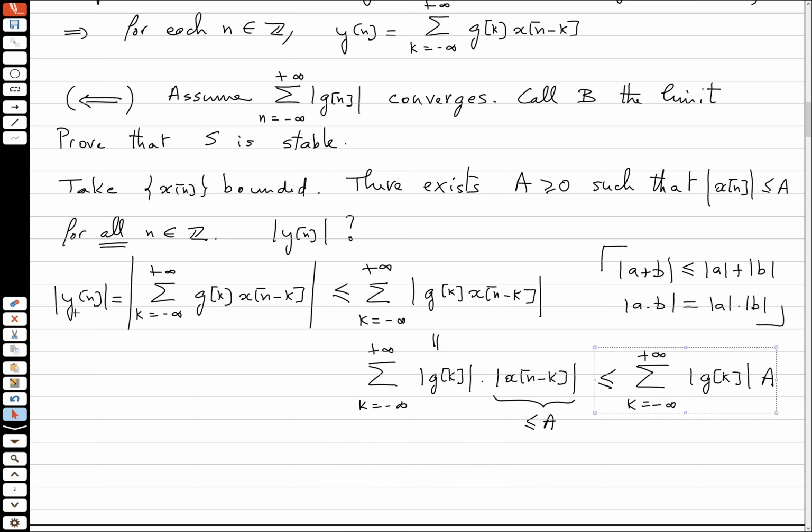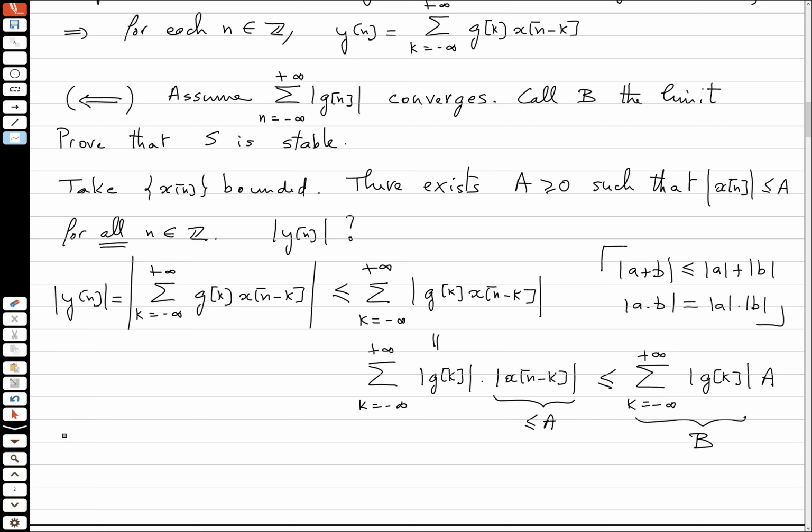All right. So y of n equals this, which is less than this, which is equal to this, which is less than this. Now I can factor out a here, right? And then what do I have here? B, because we assume that this converges. This is k, but this is n, these are dummy variables, right? So this is b, this is a. And I find the absolute value of y of n is less than b times a.